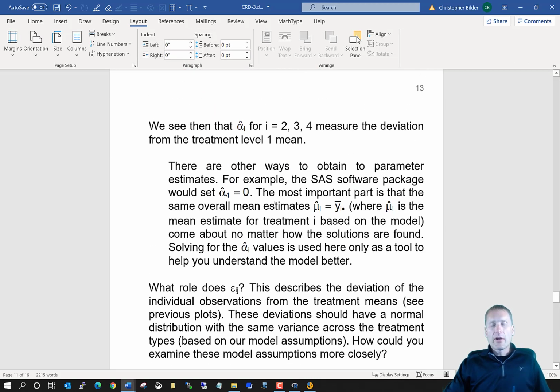Now you might be wondering, okay, you're saying design type 1 has an alpha hat of 0. Isn't that going to cause problems in your analysis? And the answer is actually no. What we're essentially doing by setting alpha hat 1 to be 0 is that the meaning of alpha hat has changed a little bit.